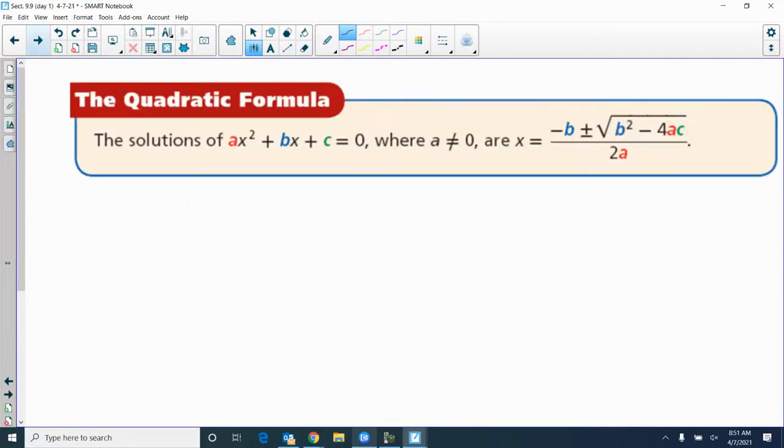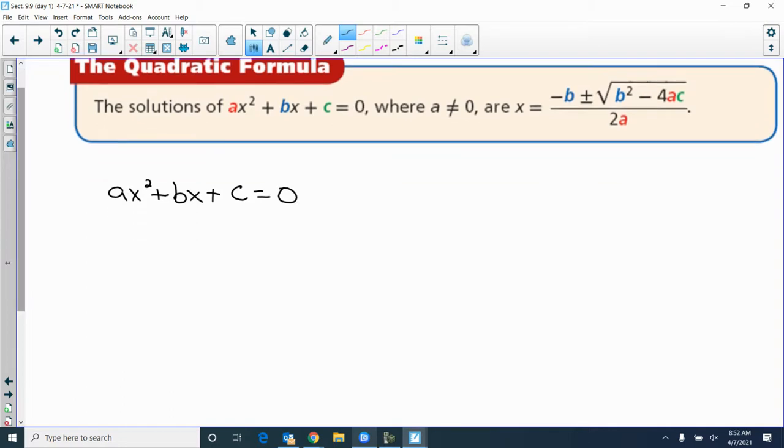All right, the quadratic formula. I know you've been waiting for this. Now, to solve a quadratic, to solve anything that looks like ax squared plus bx plus c equals 0, there are different ways, and depending on which way you use, some are easier for some equations than others.